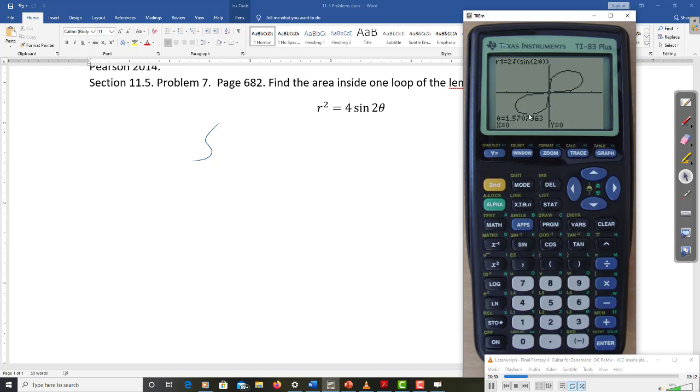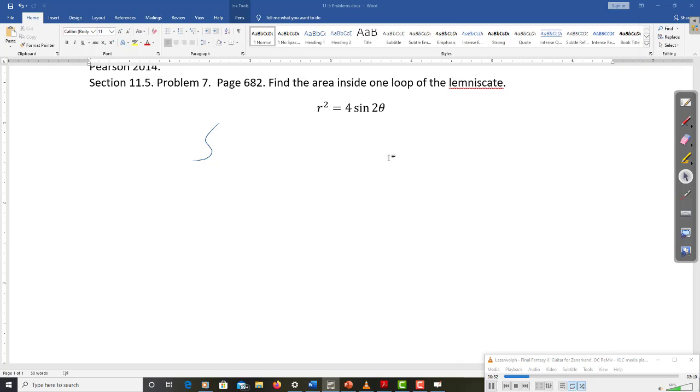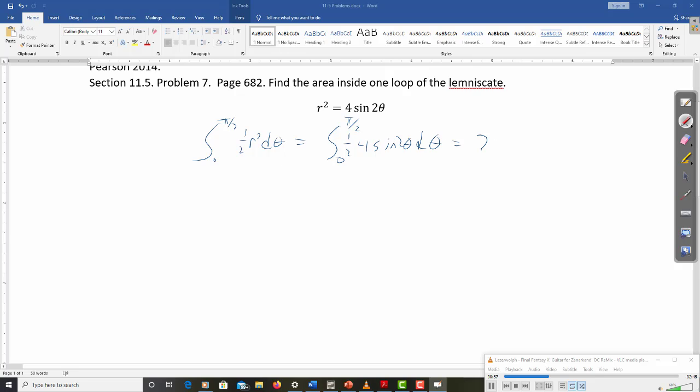So from 0 to pi over 2 of 1/2 r squared d theta, and in this case r squared is 4 sine 2 theta. So 0 to pi over 2 of 1/2 times 4 sine 2 theta d theta. Bring out the 2.